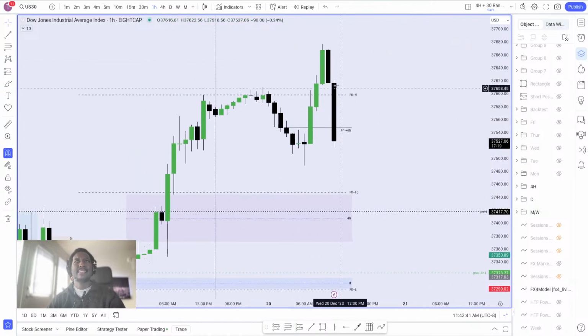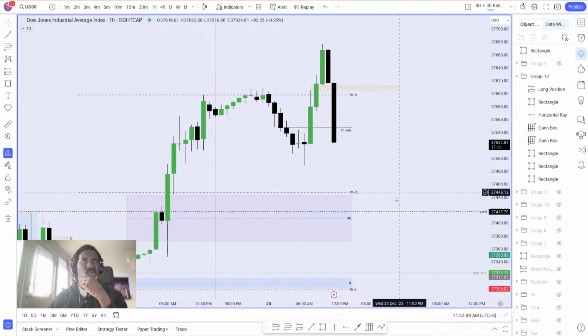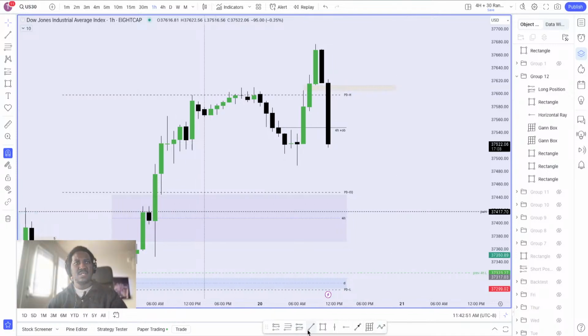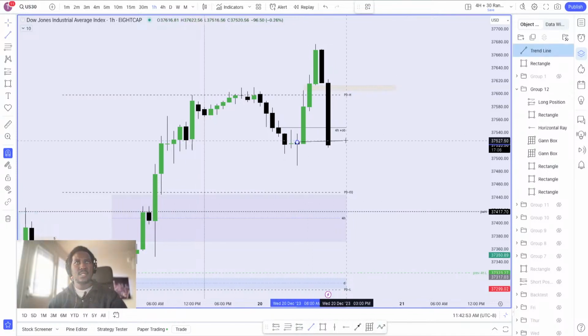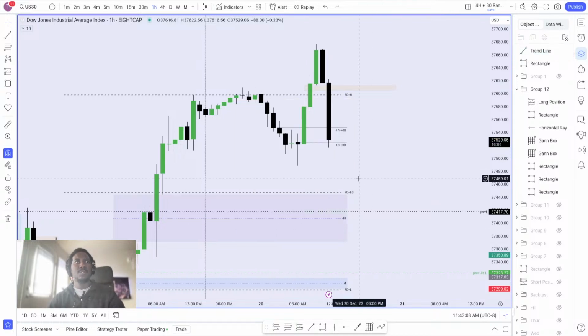Now I like this right here. We do have an inverted fair value gap on this 1 hour high right there. And then we do have this 1 hour down candle where price is currently at right now. Would like to see what price will do at that 1 hour level, right? Currently we're getting some support.